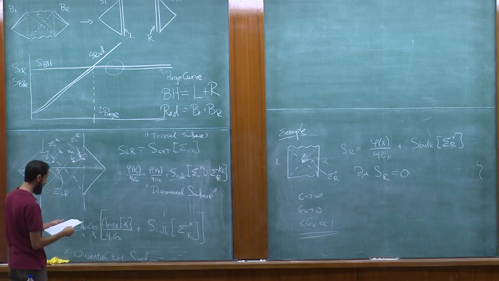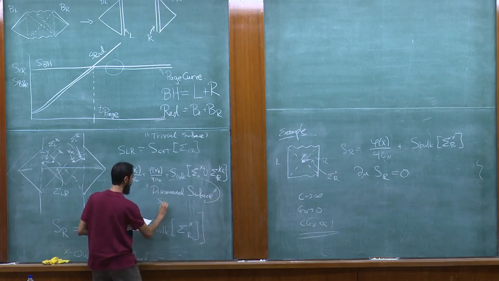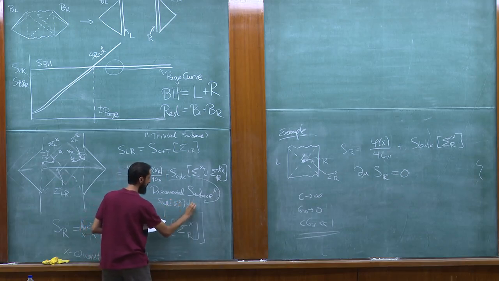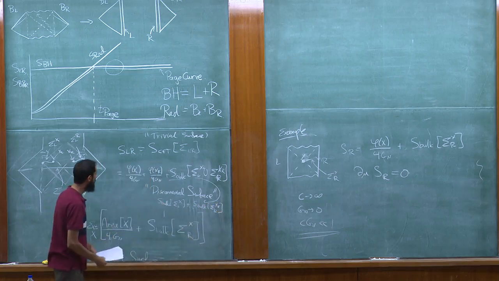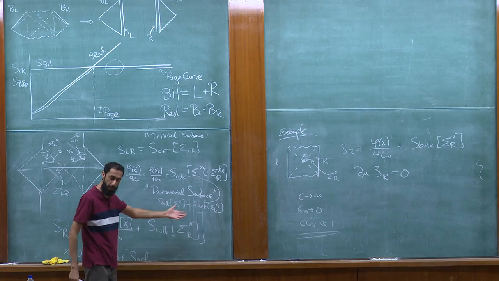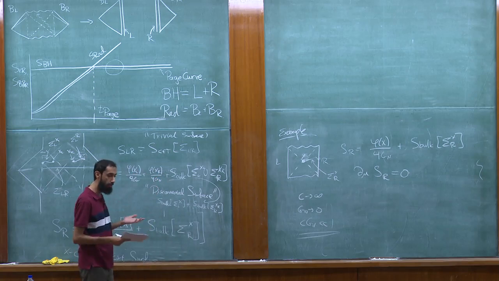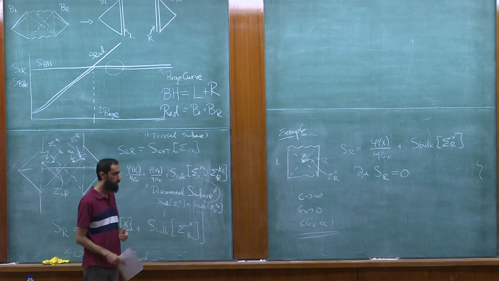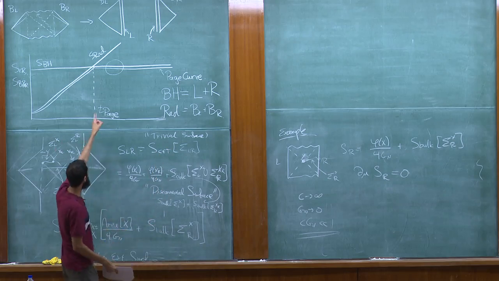I claim that at late times, this term becomes the sum of S bulk of sigma LXL plus S bulk of sigma RXR. So now the extremization problem is a separate one for the left and the right. Let's assume that you find a surface; because of the boost symmetry, it's going to be the same surface for all time, so it's going to give you a constant answer.